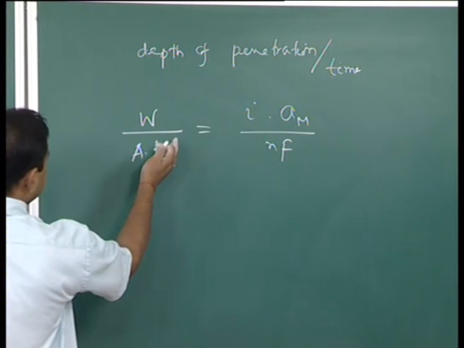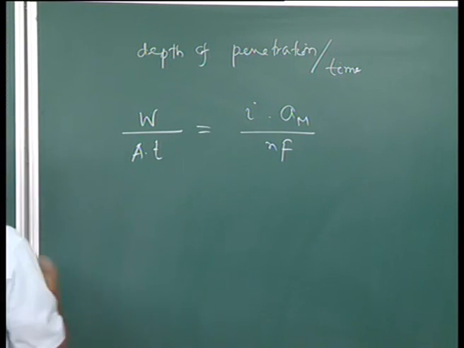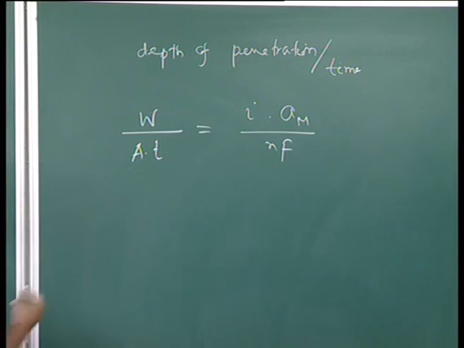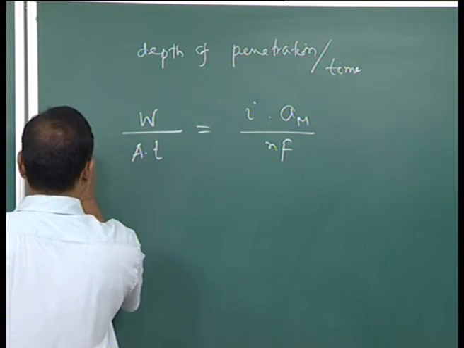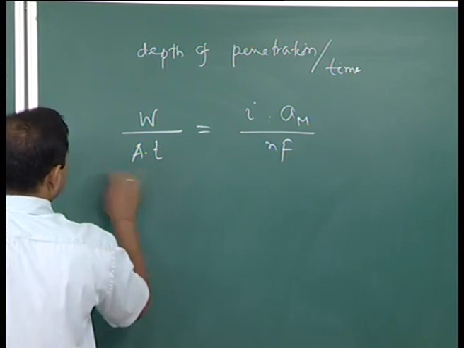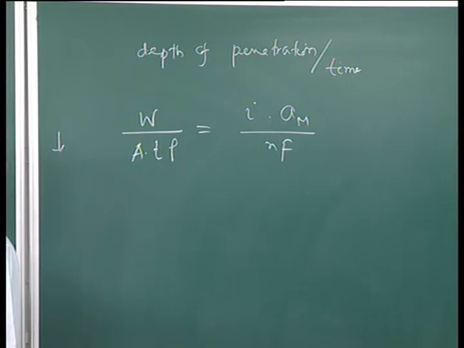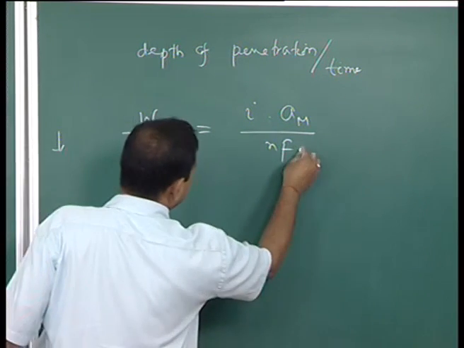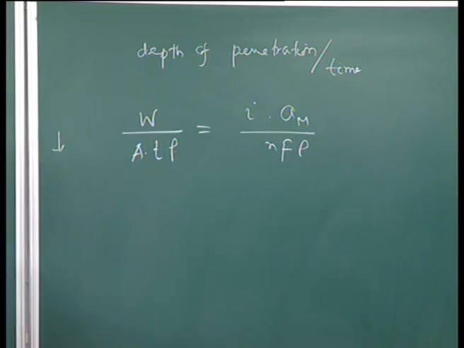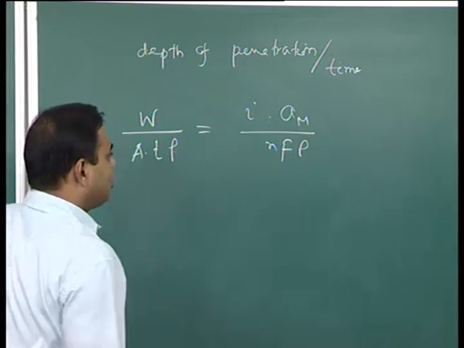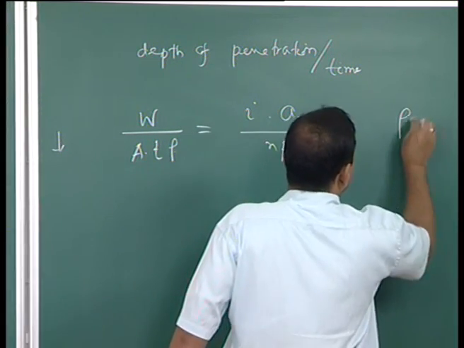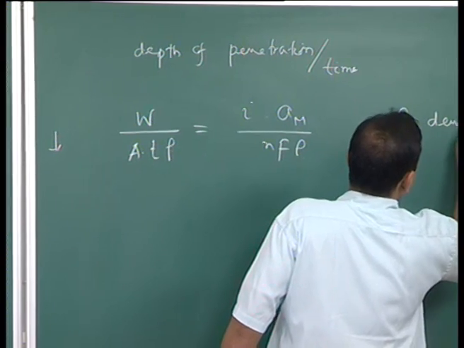Now, if I divide this by the density of the metal, let us see what happens to the left side. I have to divide the right-hand side also by rho, which is the density of the metal.